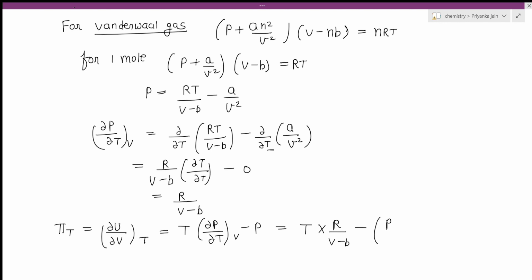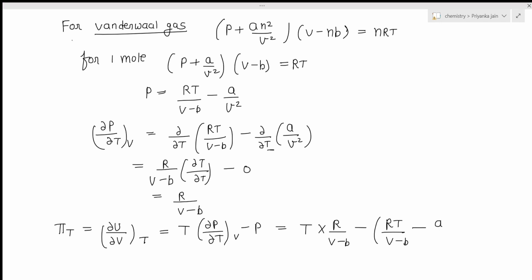P is equal to RT/(V minus b) minus a/V². So this one is RT/(V minus b) and this is also RT/(V minus b). This will cancel out and we are getting a/V². So the internal pressure for van der Waals gases is equal to a/V².